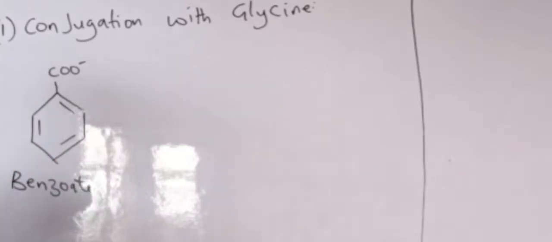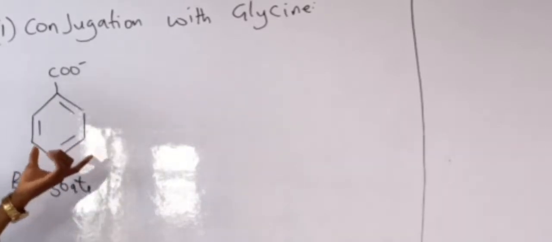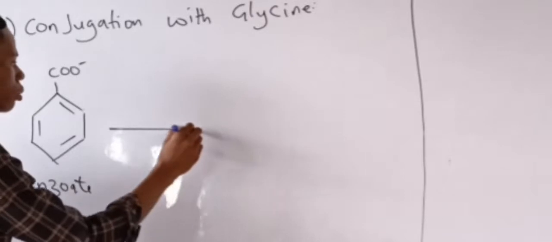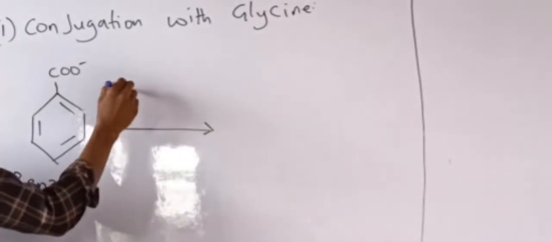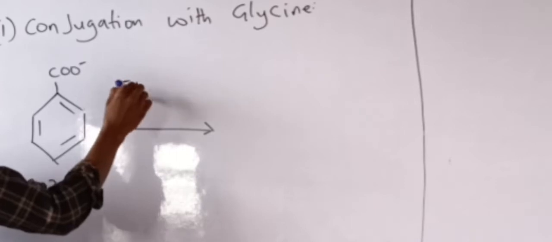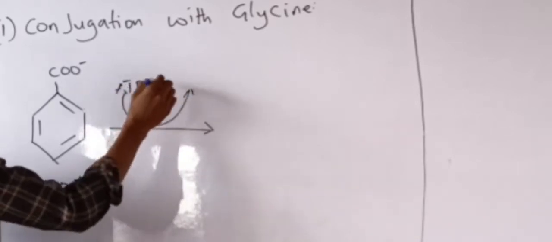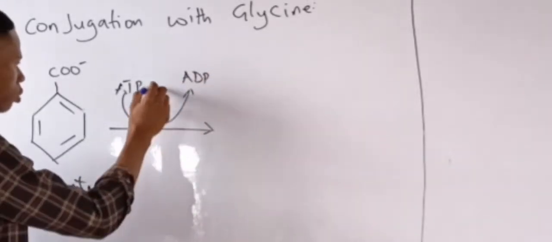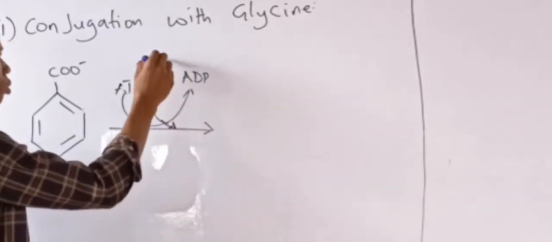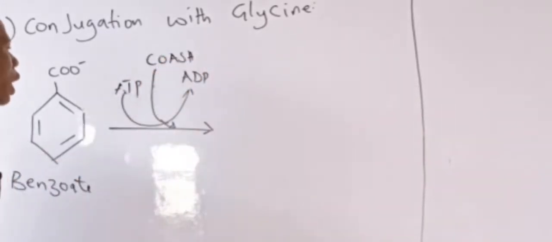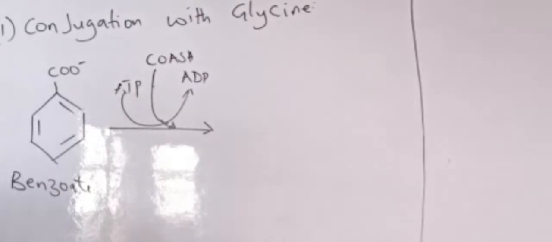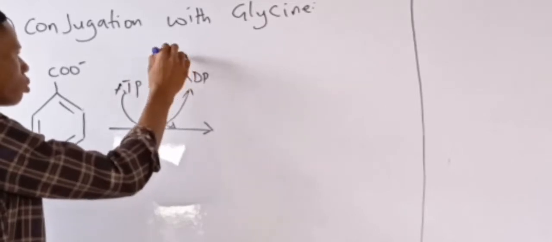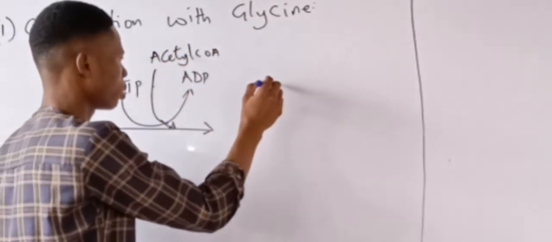Now, this is benzoate. The first thing that will happen is this benzoate will be activated, with ATP there, and CoA should come in. If CoA is coming in, you have, let's use the full compound, acetyl-CoA.